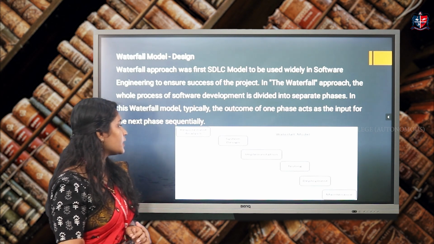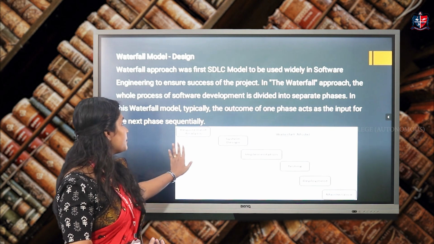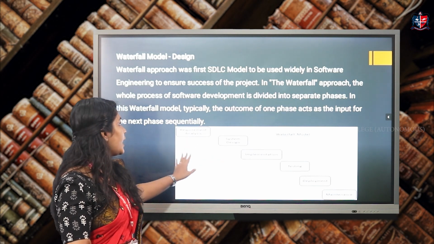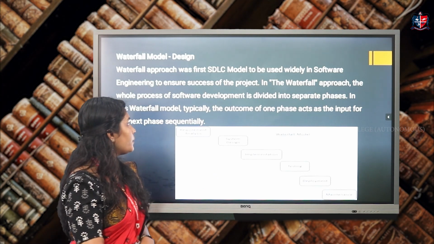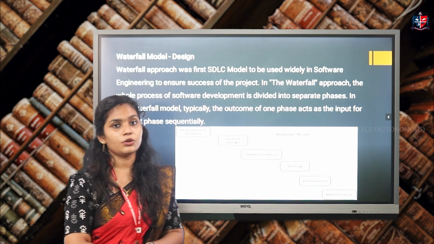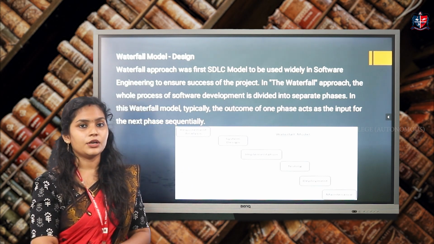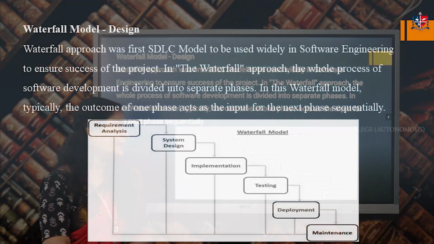Each phase happens sequentially, and in each phase different activities happen. So the entire project is divided into different phases, so that we can handle big problems in a sequential and easy way.